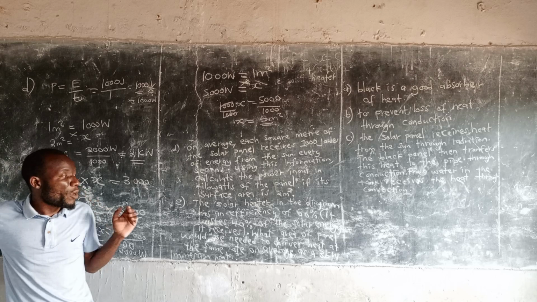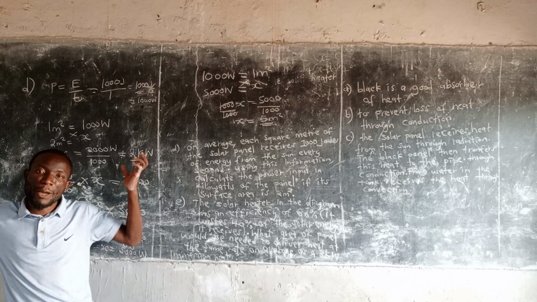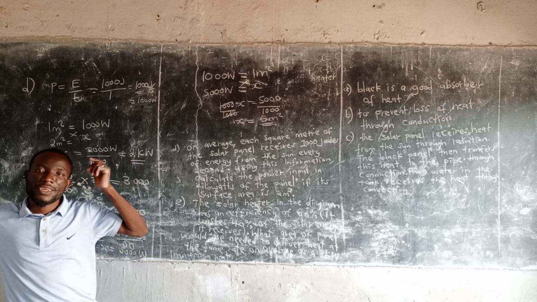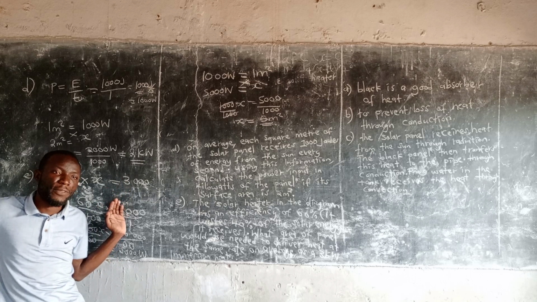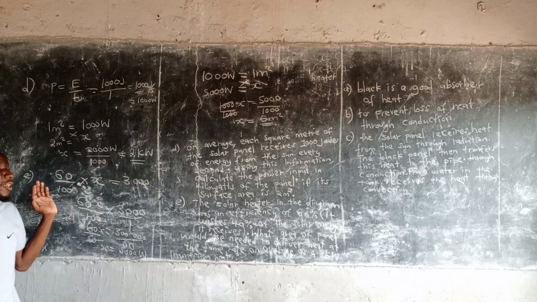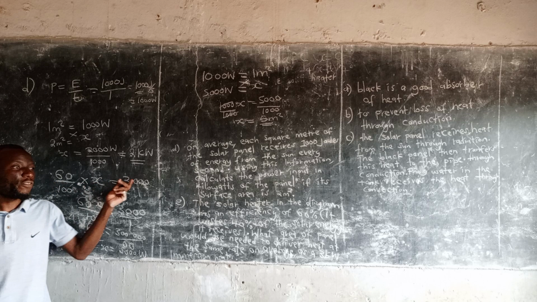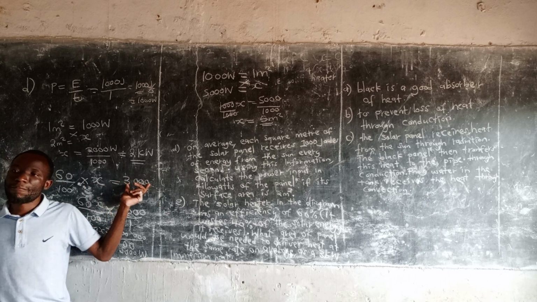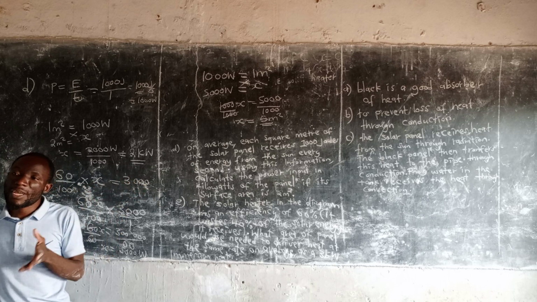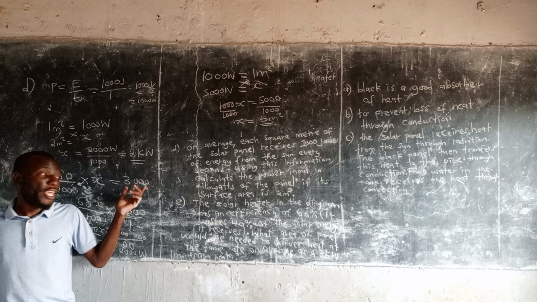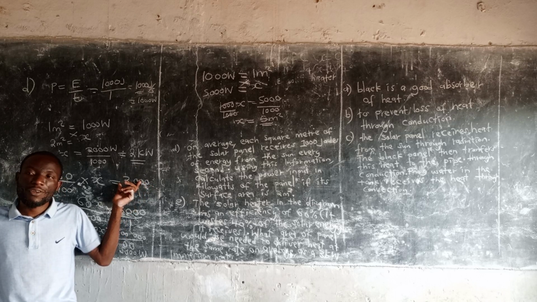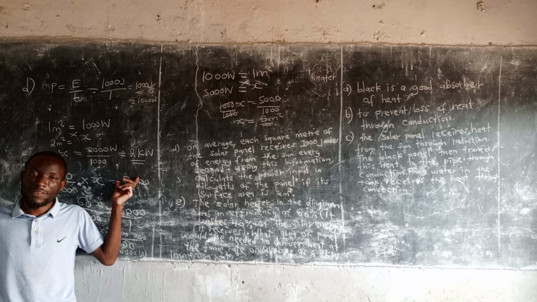Now I know that some of you may not have understood. We're using mathematics here, right? So here, we are saying this one is an immersion heater. The immersion heater is producing 3,000, so 3 kilowatts, which is the same as 3,000 watts.